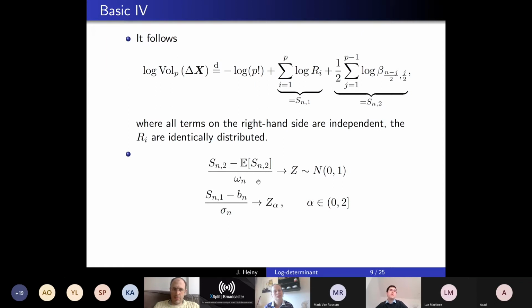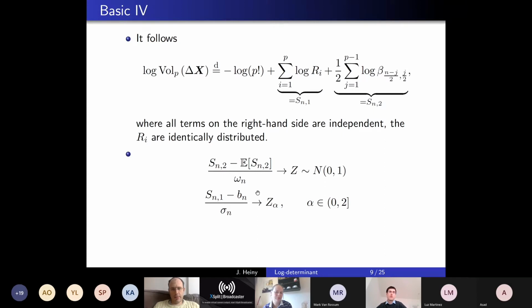Okay, and now we can try to study those two sums, Sn1 and Sn2, separately. And so let's start with Sn2. If you center by the mean and divide by the variance, or some sequence which is asymptotically equivalent to the variance, it can be shown that you converge to a standard normal distribution in the weak sense. And for the first sum, Sn1, you can look for conditions for convergence to a stable random variable.